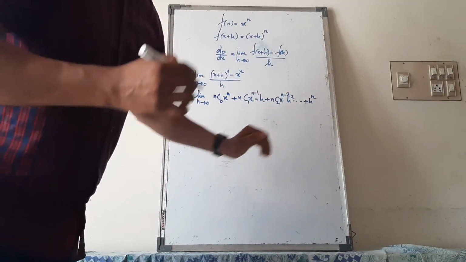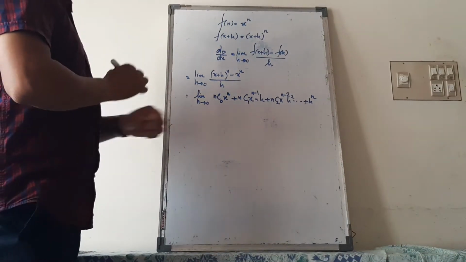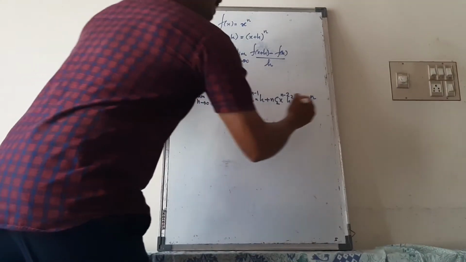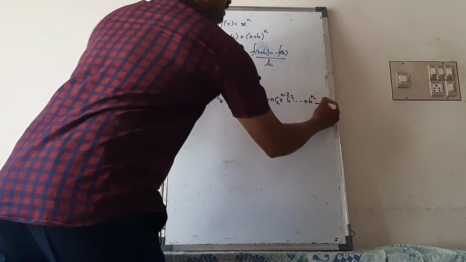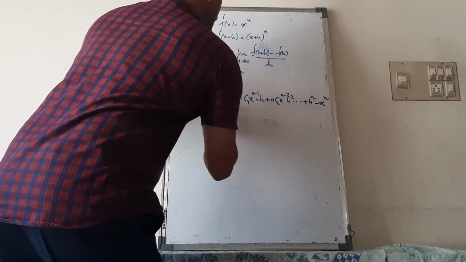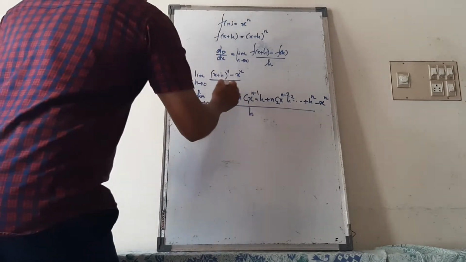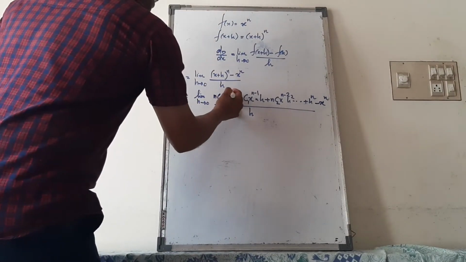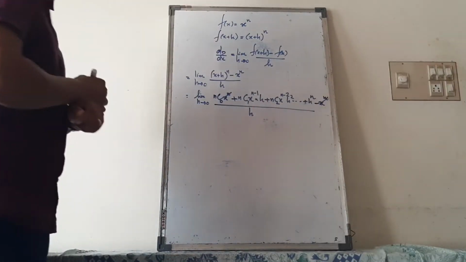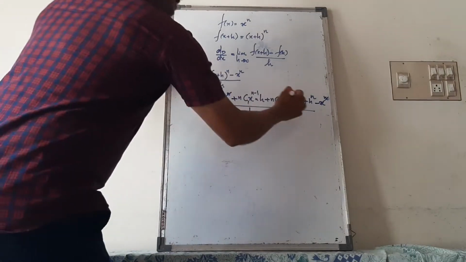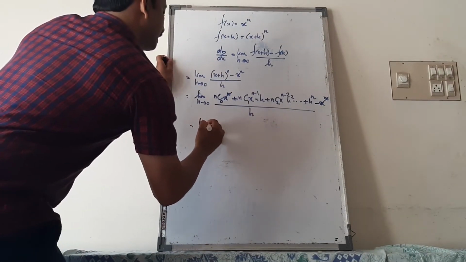nc0 and ncn are always equal to 1. So here you write only h raised to n, minus the second term x raised to n, the whole divided by h. Here the value of nc0 is 1 and therefore 1 into x raised to n and x raised to n are cancelled. Now the balance terms contain h as a common term.